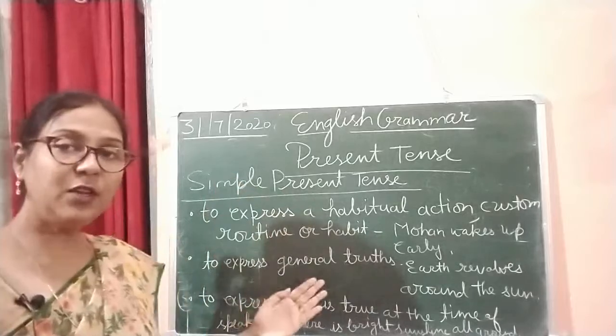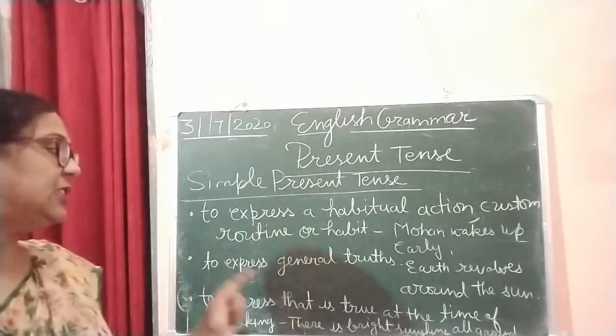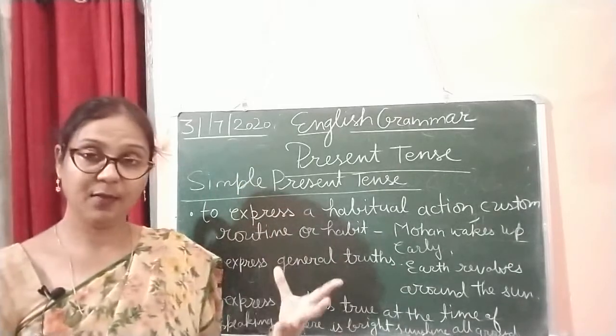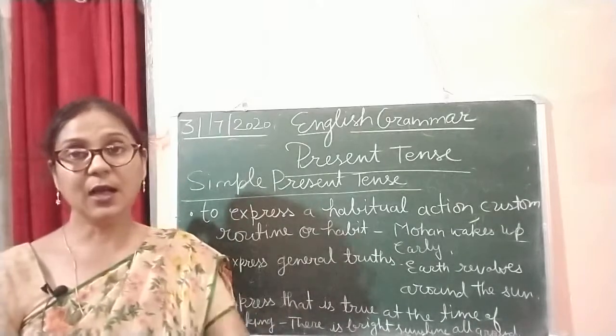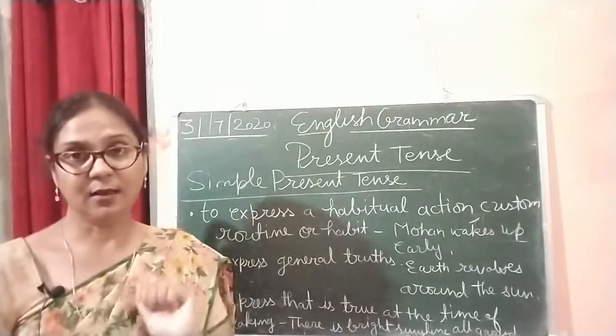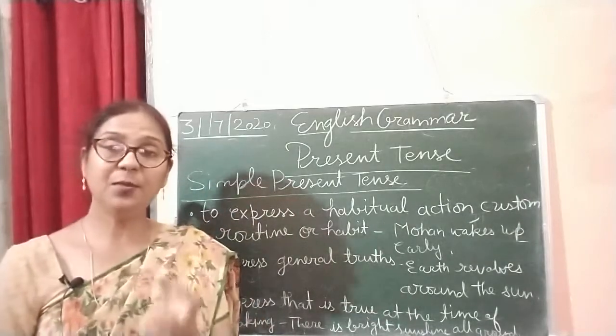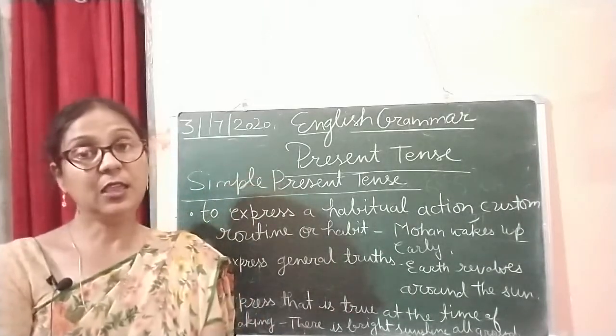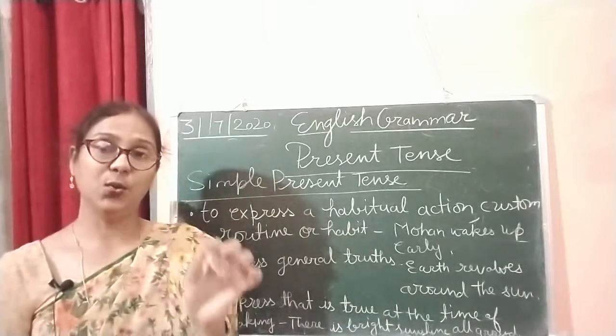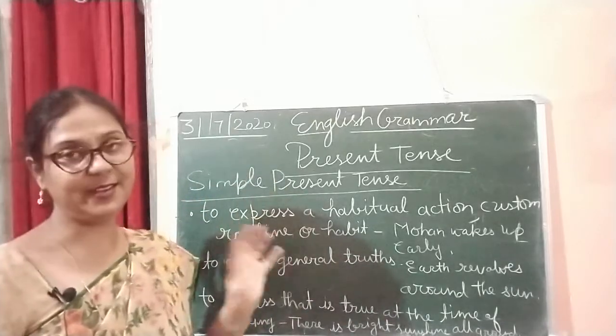Now we are moving to the second point, to express general truth. The earth revolves around the sun, or the sun rises from the east. These types of universal truth we can only show by the simple present tense.